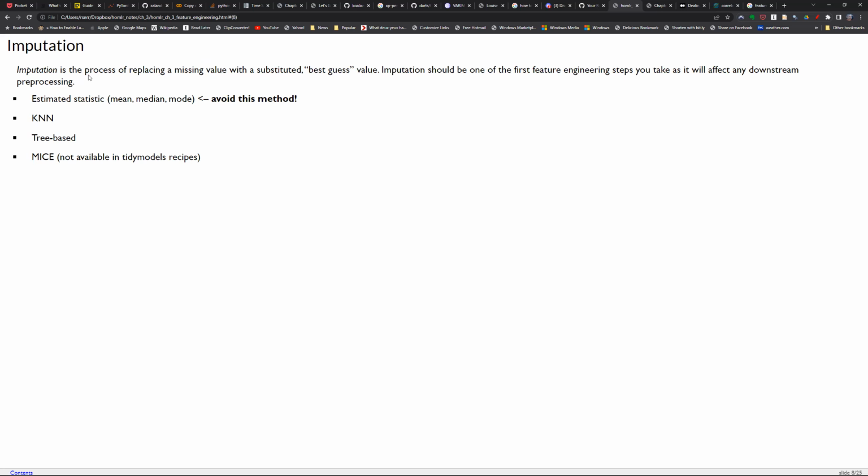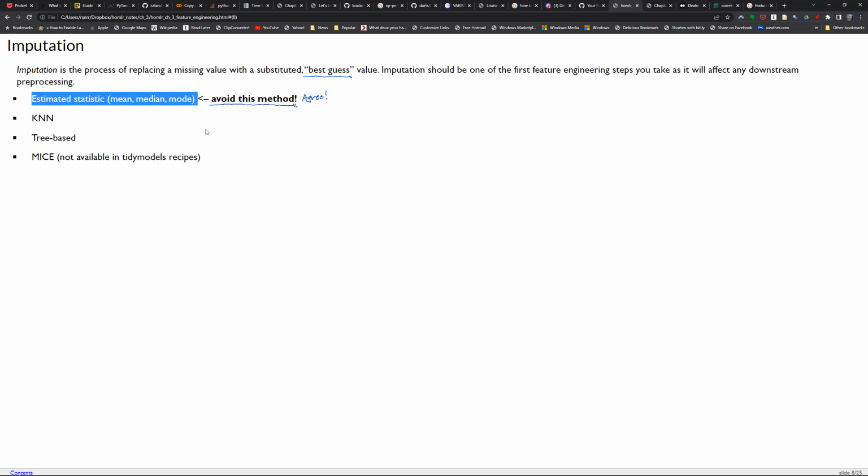In imputation, as I said, it's a process of replacing a missing value with a substituted, best guess value. In other words, we don't know exactly what the missing value is. We have checked documentation, we have done the research, we have talked to the experts, and we still don't know. So one of the things that we can do is estimate the statistic by the mean, median, and mode. But the author of the textbook and a lot of authors say that you should avoid this method.